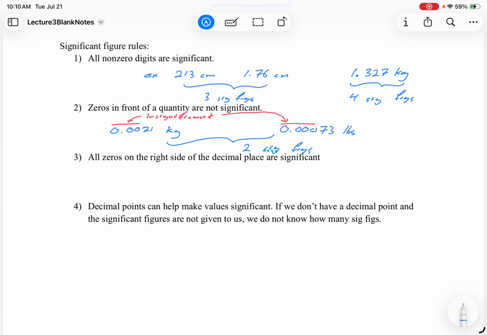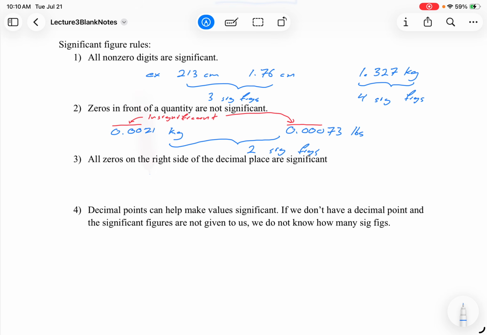Let's go on to number 3. All zeros on the right side of the decimal place are significant, right?